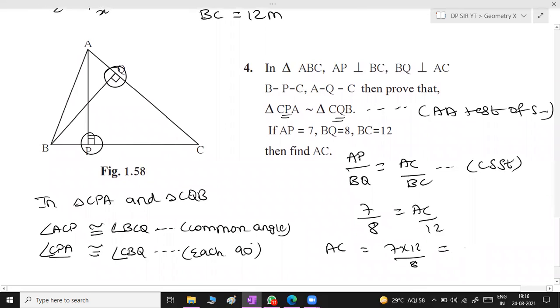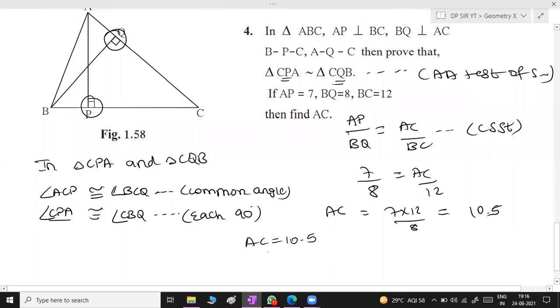So just solve, you may get 10.5. Therefore AC is equal to 10.5. I'll write it neatly, give me a moment. AC is equal to 10.5.